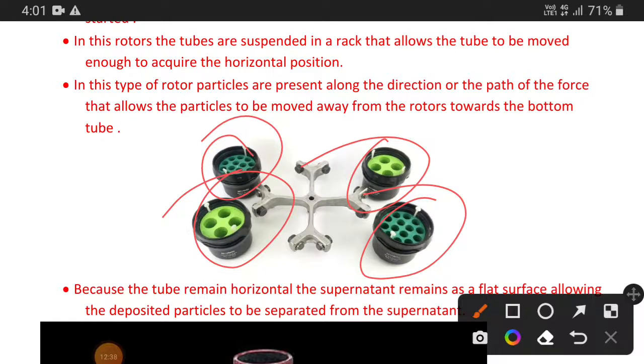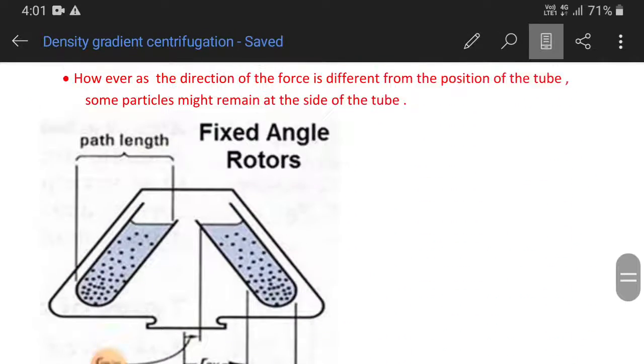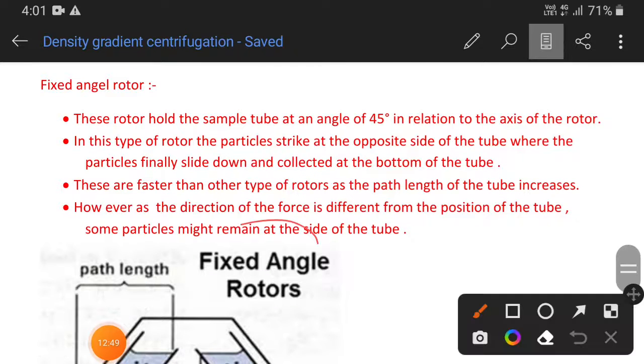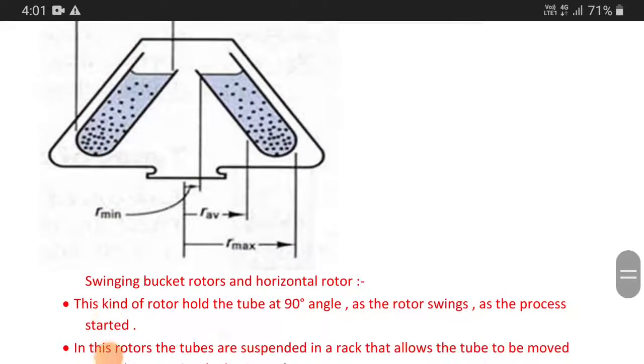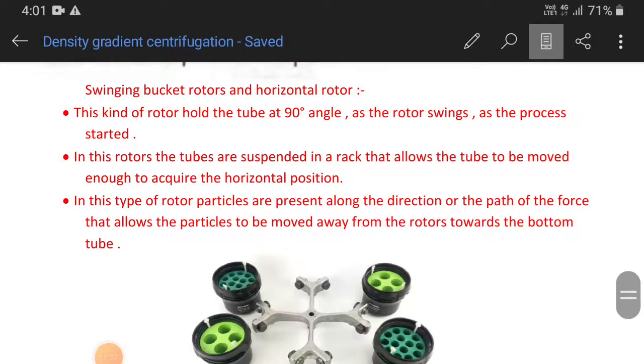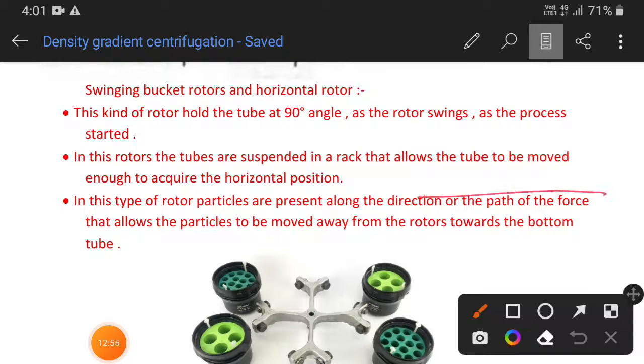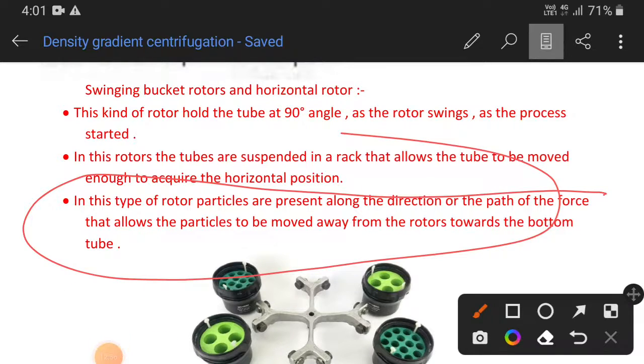So in this type of rotor, particles are present along the direction of the path of the force. So the drawbacks that we face in the case of the fixed angle rotor are solved by our swinging bucket rotor, because here our particles are actually in the path of the force, which allows the particles to move away from the rotor towards the bottom of the tube.